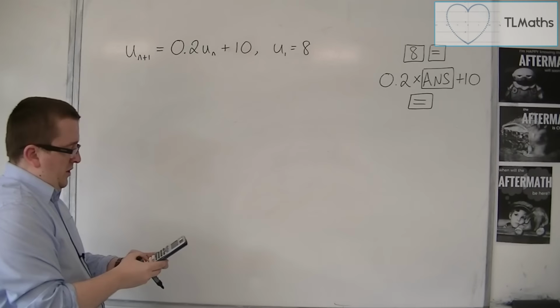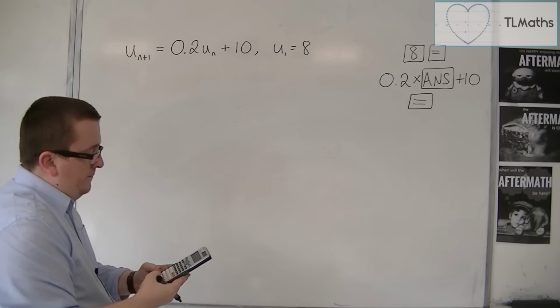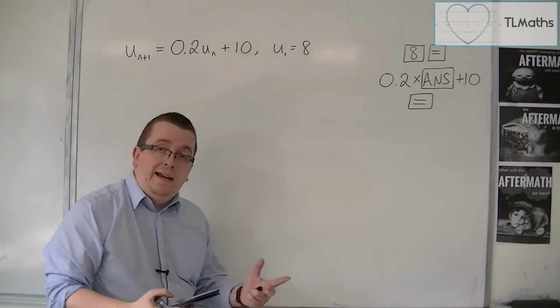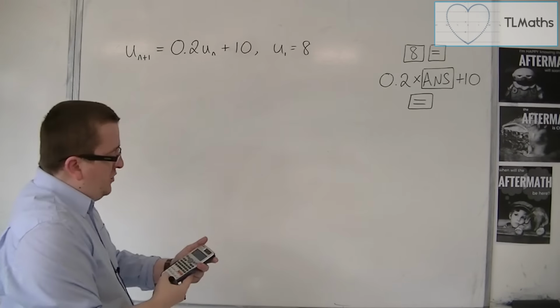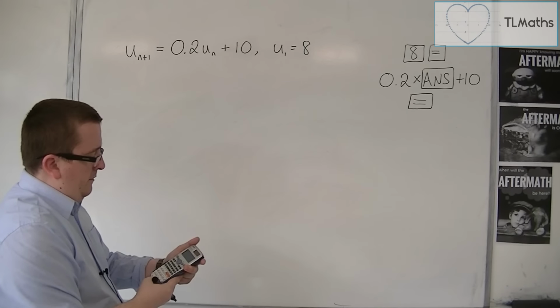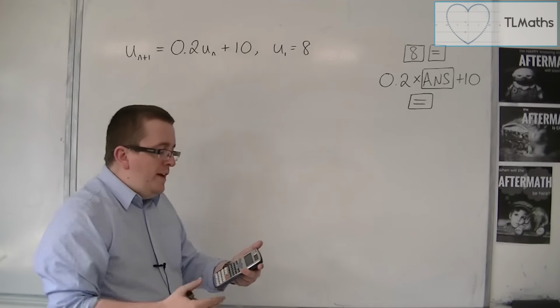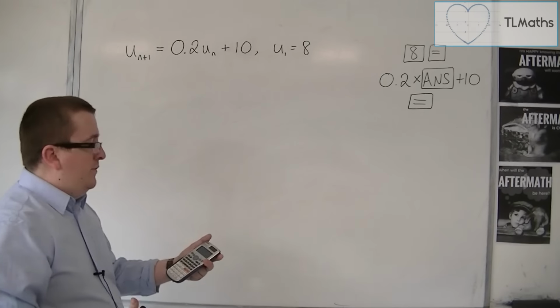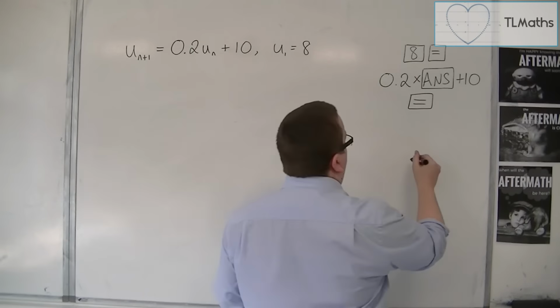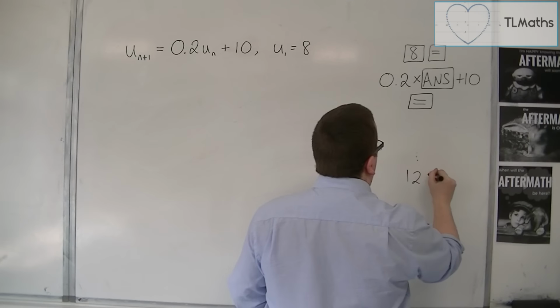So 0.2 times the answer key plus 10, press equals, you get 58 over 5. Now just keep pressing equals. If you keep pressing equals, you should eventually find that we get to the value of 12.5.